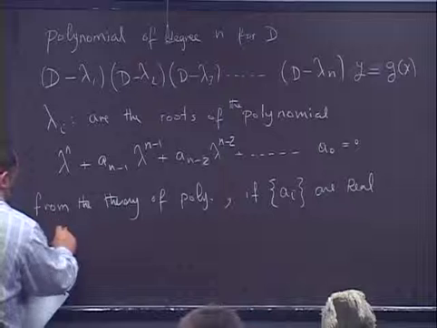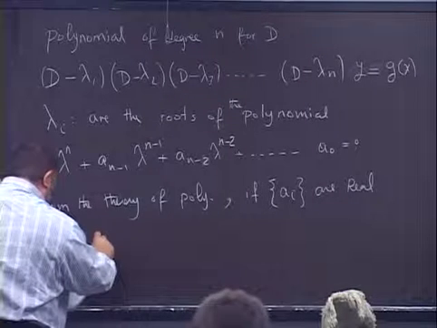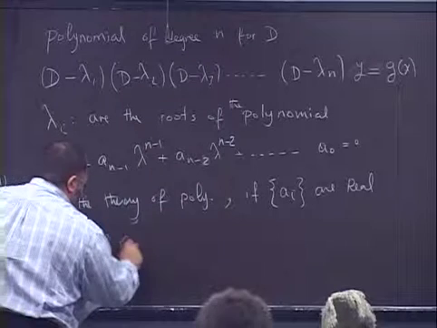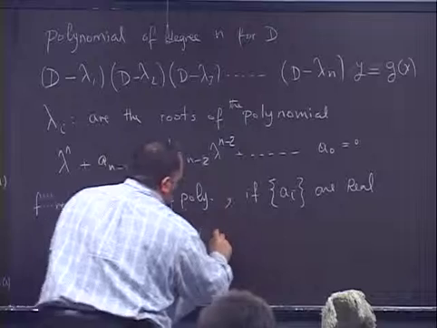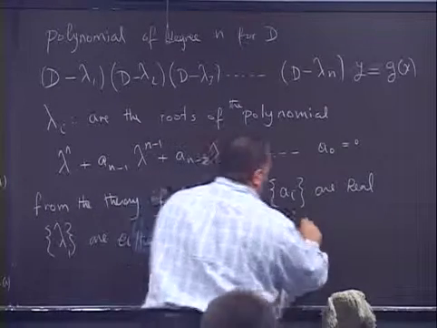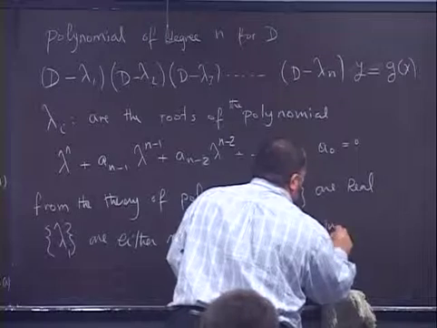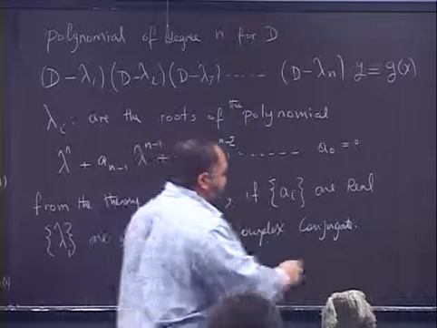So the lambda i's are either real or complex conjugates, complex conjugate pairs.